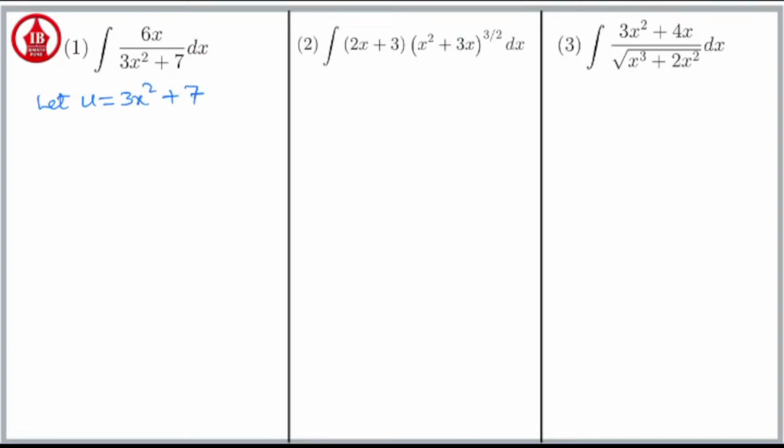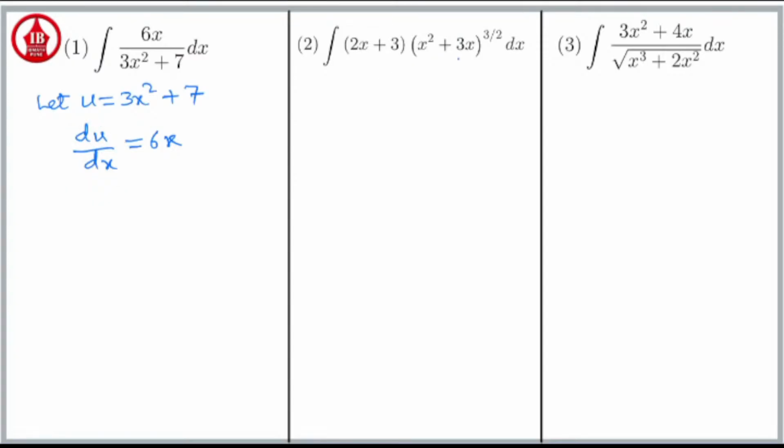Most of the time, if there is a numerator and denominator, the denominator may be taken as u, or the term whose derivative is the remaining term. That is the best way. Now differentiate with respect to x, so du by dx equals 6x, which is already here. That 6x will be replaced by du by dx.